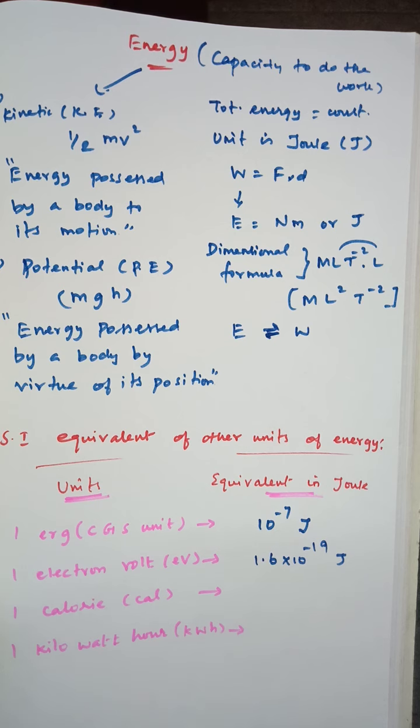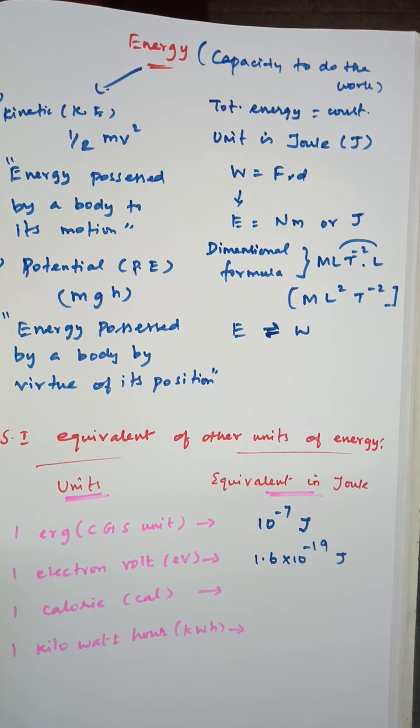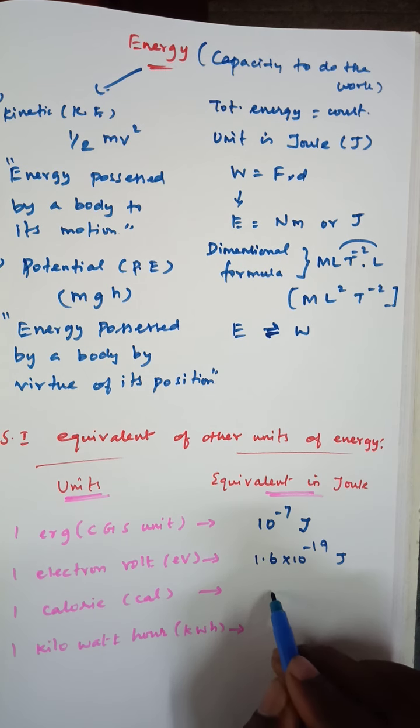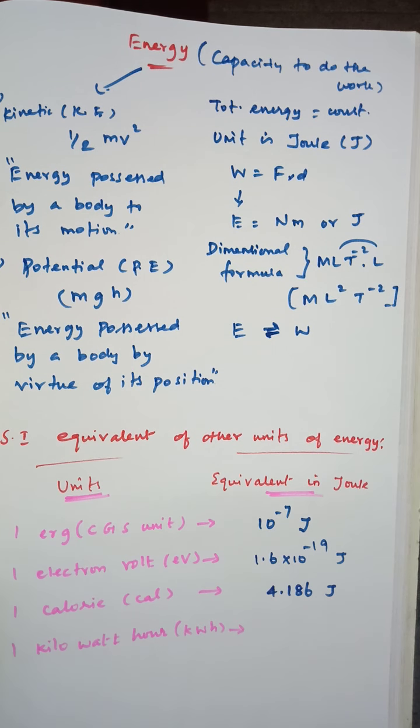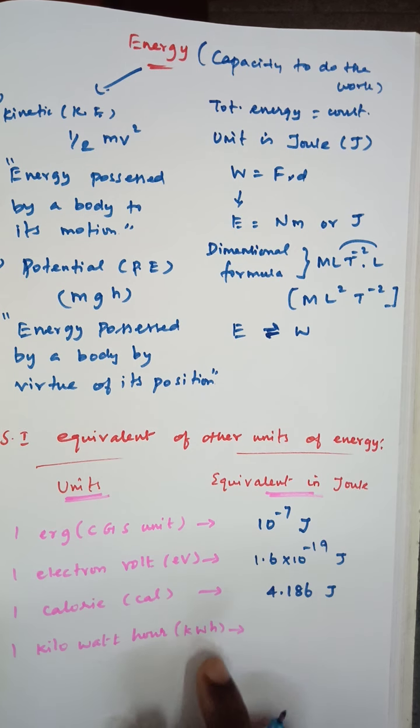The third thing is 1 calorie, which is a unit of heat energy. So how can we get that energy with action or work? The value of 1 calorie is equal to 4.186 joule. Next, 1 kilowatt hour, kWh.